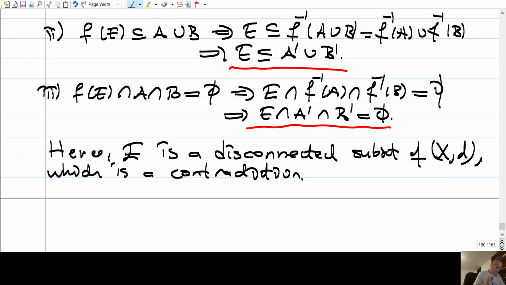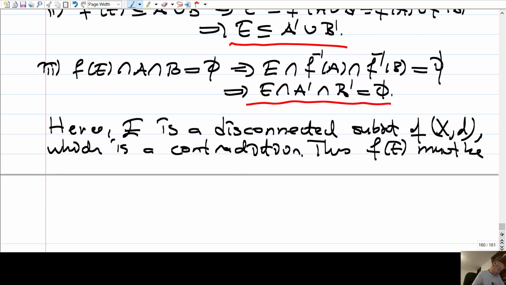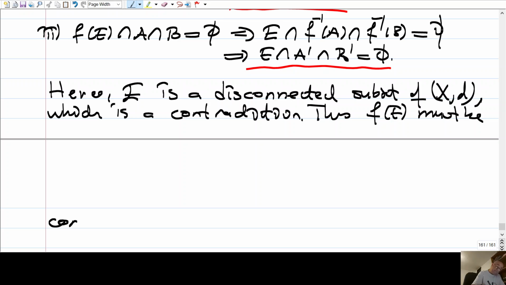We ended up with this contradiction because we assumed that the image of E is disconnected. Thus f of E must be connected. So the image of a connected set must be connected.